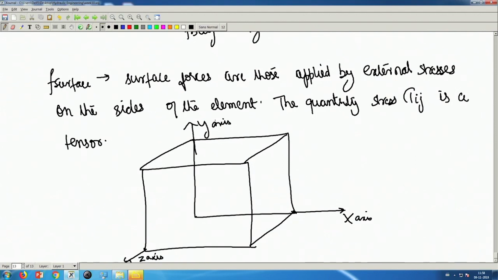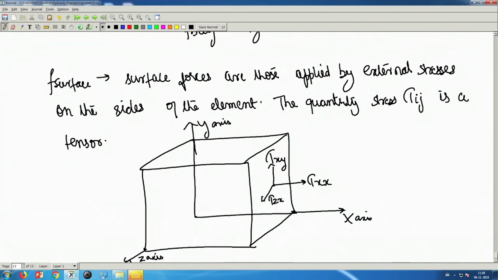So the stresses on the side need to be represented. So this is x side, so the normal stress here is going to be tau xx. So the shear stress on this face going in y direction is called tau xy, and the one that is acting here is tau xz.